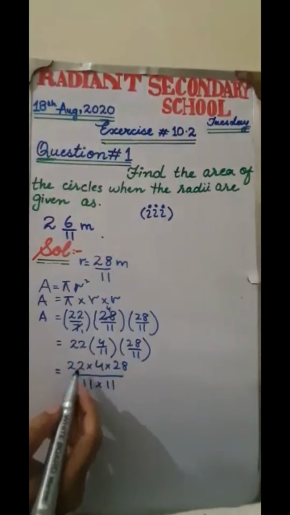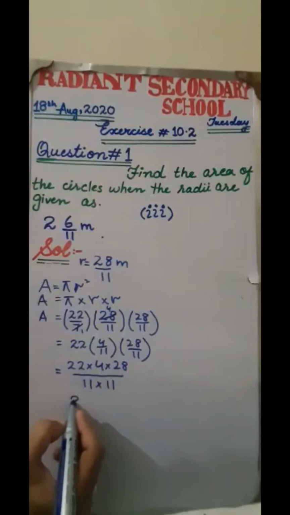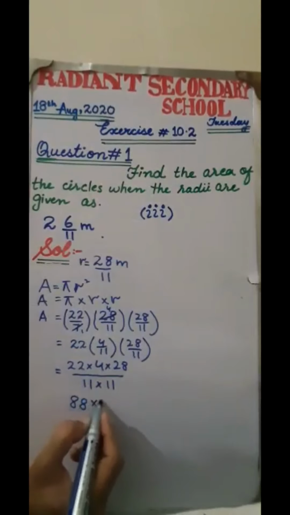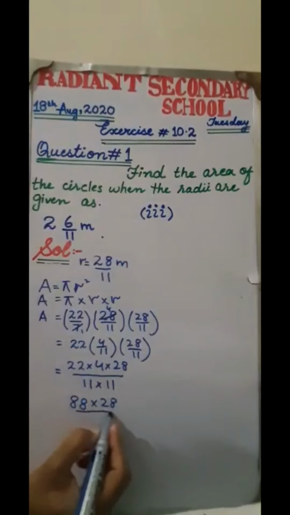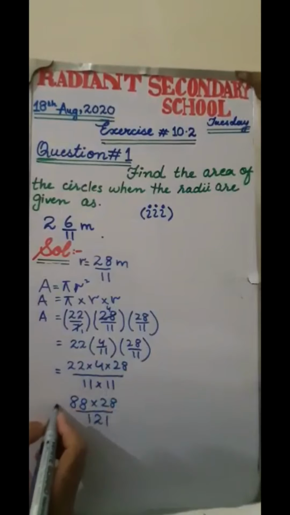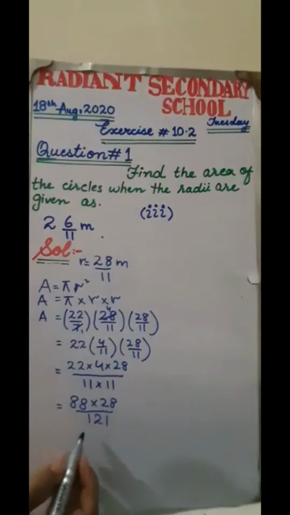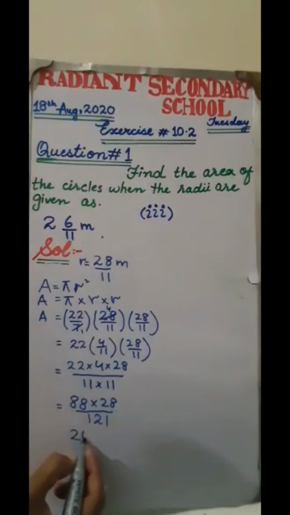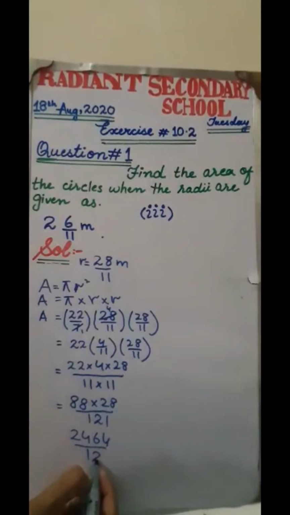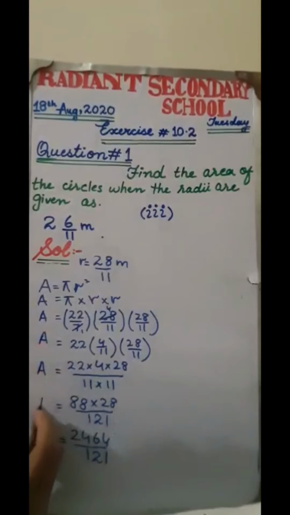Okay, when we multiply 22 with 4, it becomes 88, and 11 multiplied by 11 becomes 121. Now when we multiply 88 with 28, the answer becomes 2464 over 121. Okay, that is our area. So you have to write A like this.